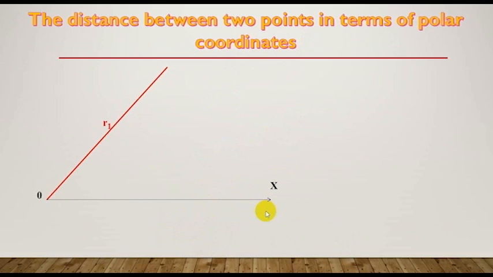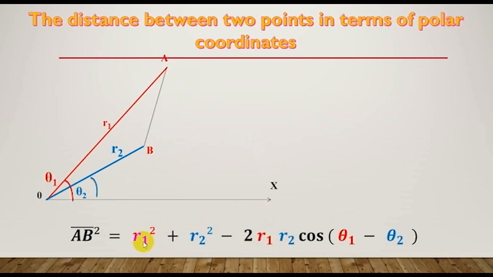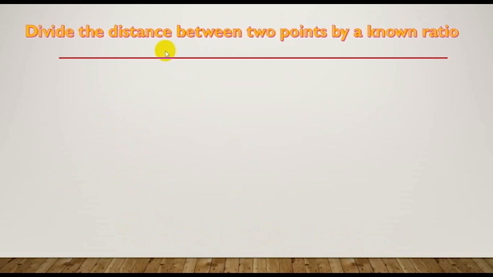We have r1 with theta 1, and r2 with theta 2, and we need to get the distance between A and B. It will be with the law of cosines, which says that this distance squared will be r1 squared plus r2 squared, negative 2 r1 r2 cosine of theta 1 minus theta 2.